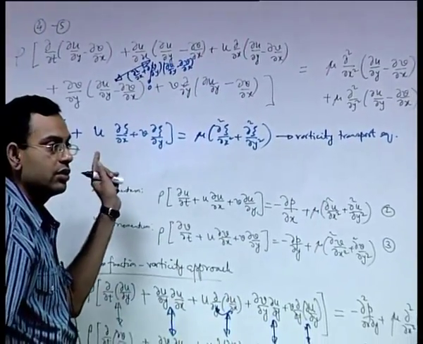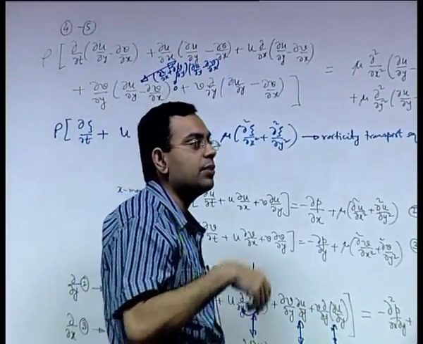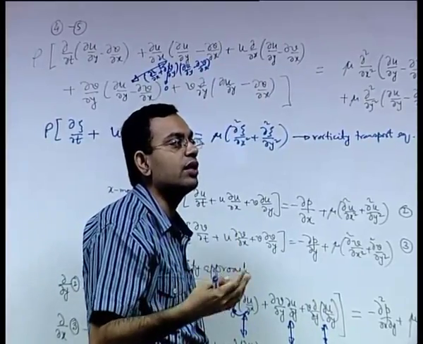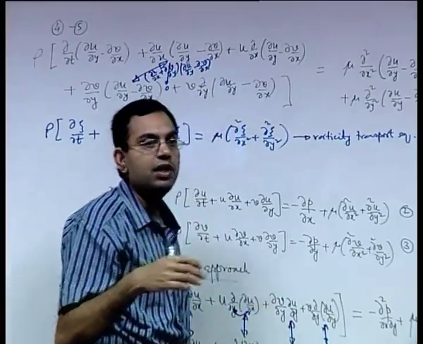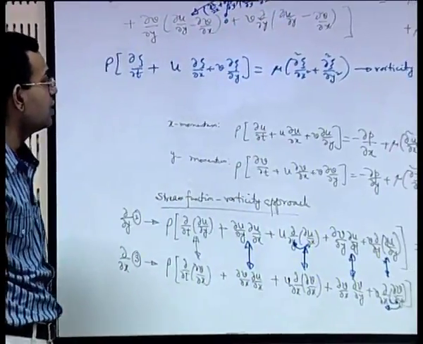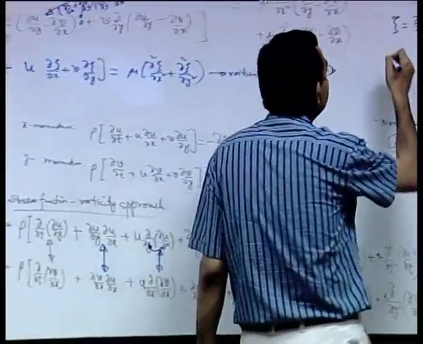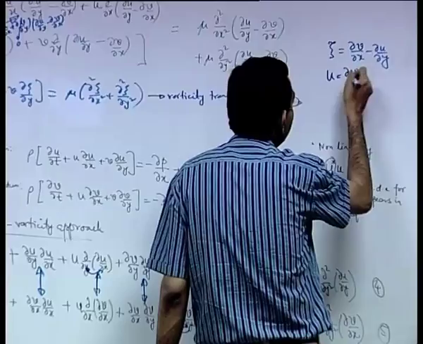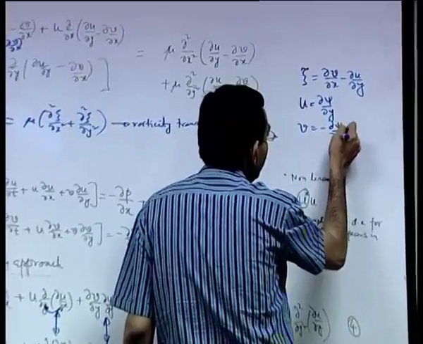Now, still it involves u and v, although pressure is eliminated, u and v is there. So, there must be some other parameters that are connected to u and v, and in 2 dimensional incompressible flow the parameter that connects u and v is the stream function. So, you can define u is equal to del psi del y, v is equal to minus del psi del x.